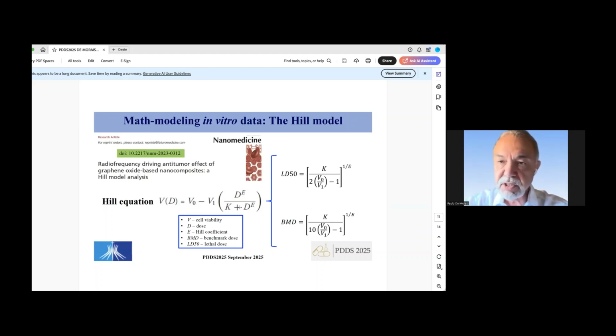And the Hill coefficient is a very interesting parameter. There's a border, which is number 1. So you have Hill coefficient below 1 or Hill coefficient above 1. What is the difference? When the Hill coefficient is below 1, it means the first molecule that binds the cell membrane just reduces the probability for the next molecule to bind to the cell membrane.